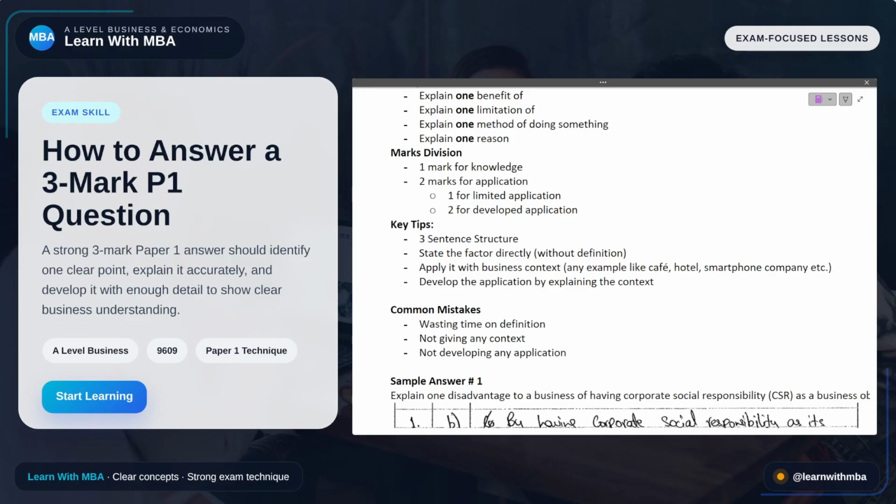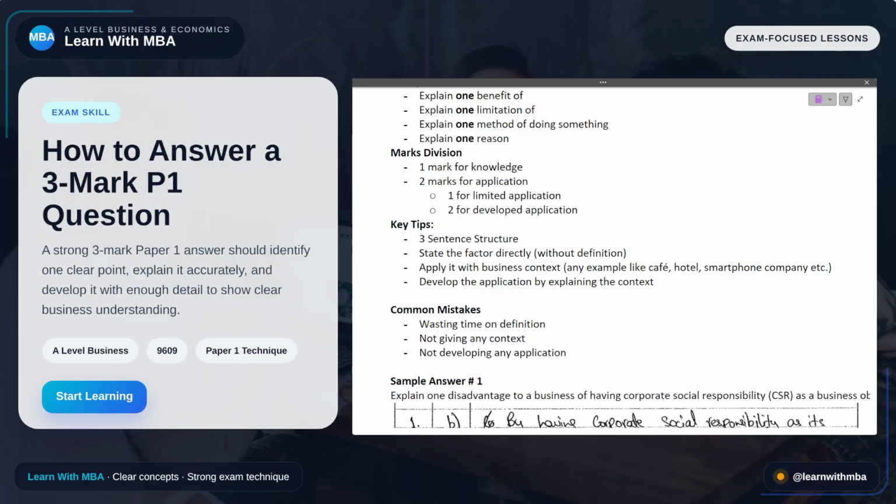Once your first sentence is complete, when you've clearly stated an advantage, then apply it to a business context. You can use hypothetical examples like a cafe, hotel, a clothing business, perhaps a bakery, a factory, perhaps a smartphone company, or if the question involves some numericals, you can show some working there as well.